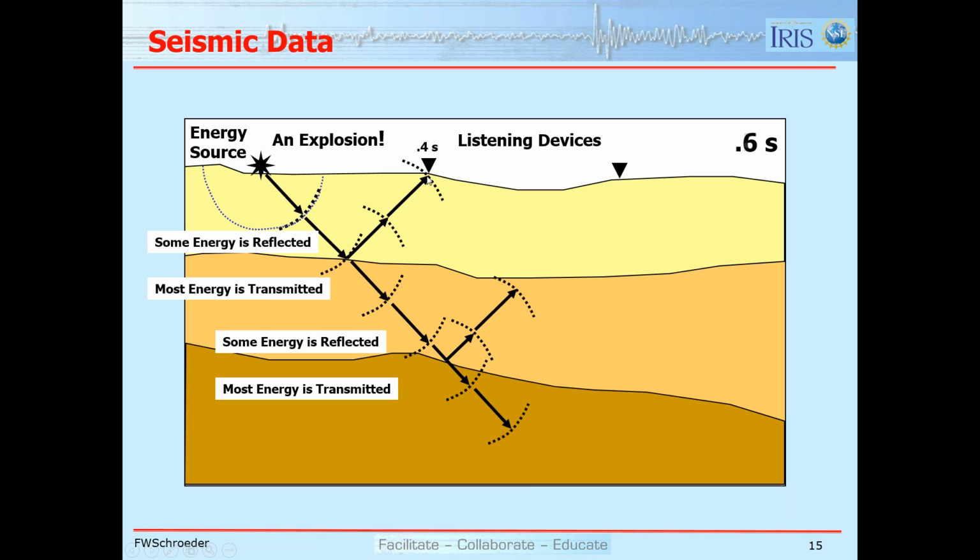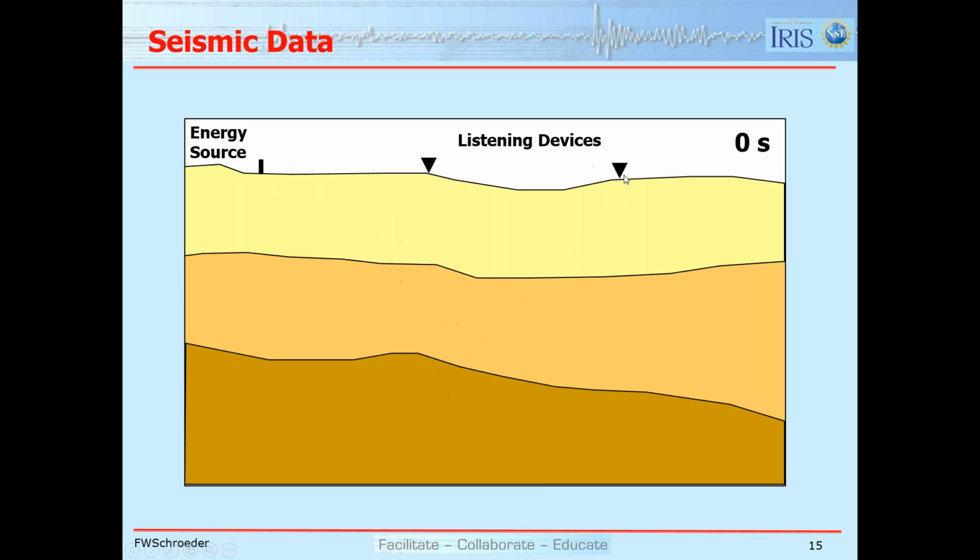Listening device number 1 picks up a reflected energy at 0.4 seconds. Other energy goes down, hits the interface between layer 2 and layer 3. Some of it is reflected, and that listening device records energy coming in at 0.8 seconds.